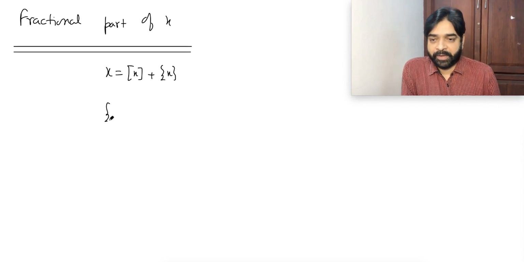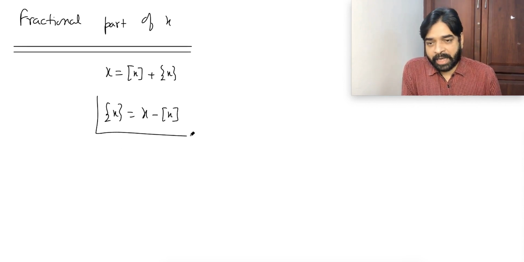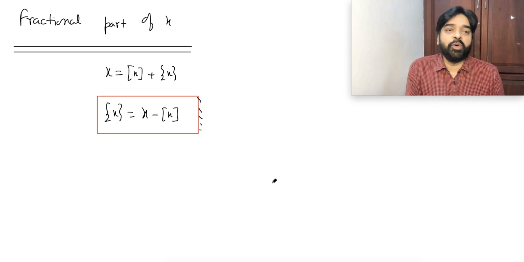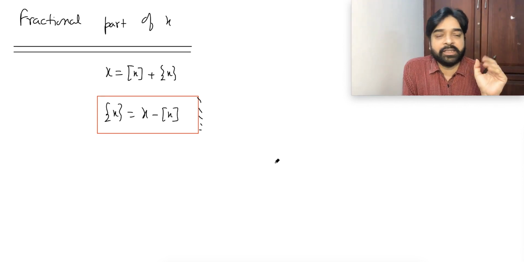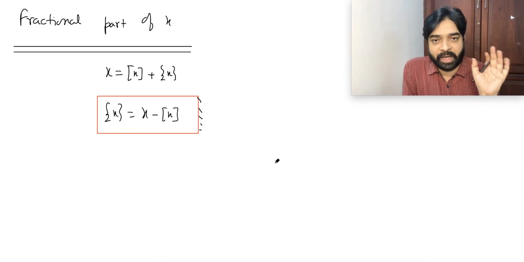So from here we can say the fractional part of x is equal to x minus the greatest integer of x. We can write it like this. Actually, I don't want to teach you the fractional part of x separately again. Use this logic and calculate the value, because we are more comfortable with the greatest integer of x. So whenever they ask you about the fractional part of something, use this logic. Unnecessarily, don't try to learn a separate property or method. It's a waste of time.